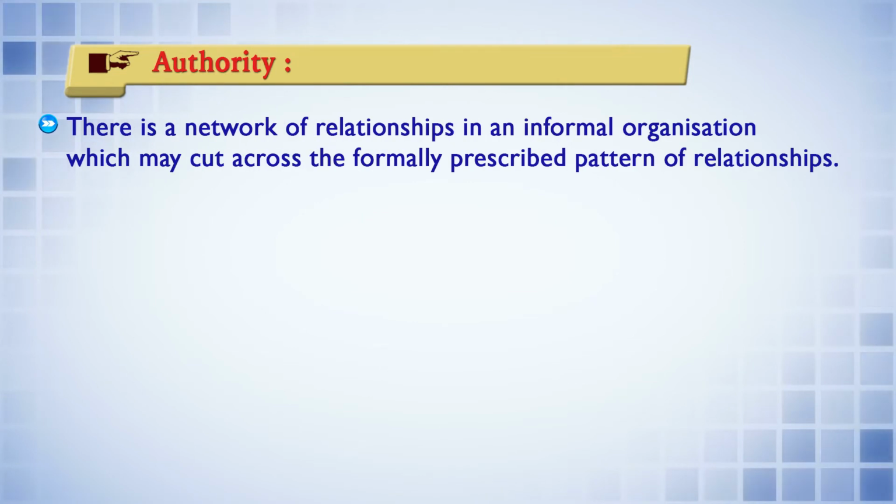So on the basis of the characteristics, let us learn about the informal organizations, and these are: first, authority. If you analyze the informal organization, you will find that there is a network of relationship in informal organization, and that relationship may cut across the formally prescribed pattern of relationship.